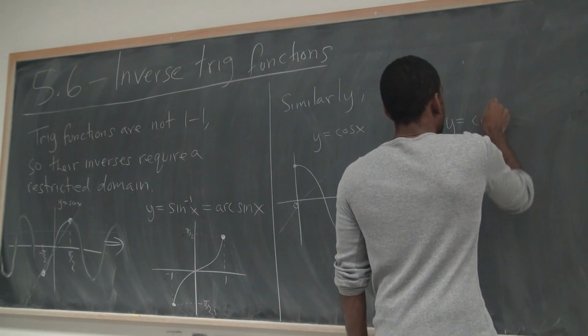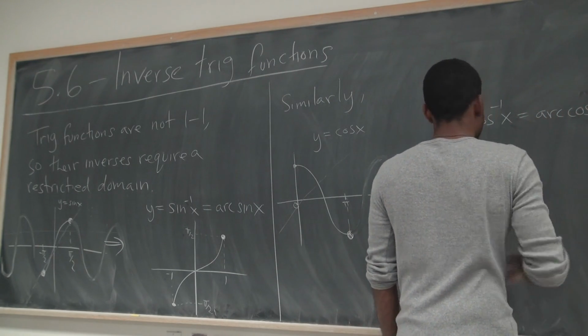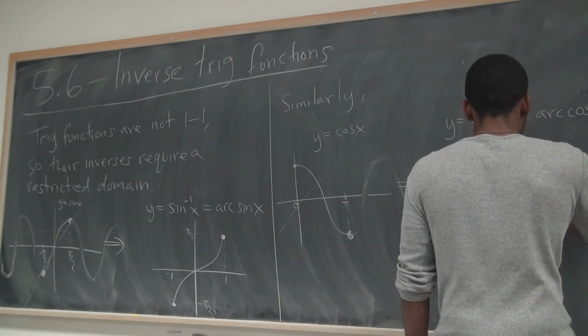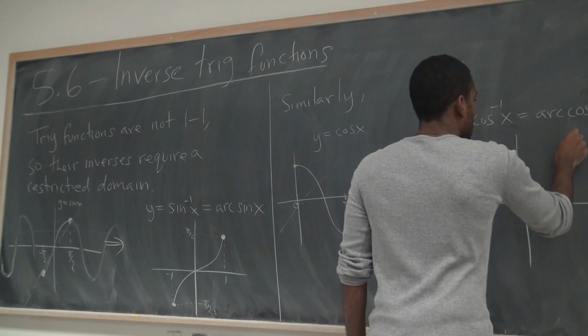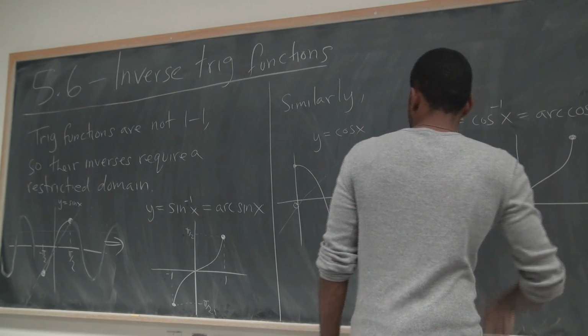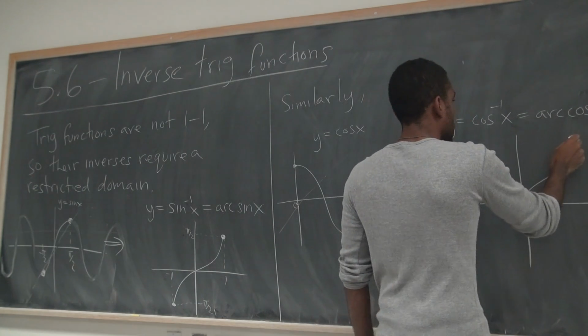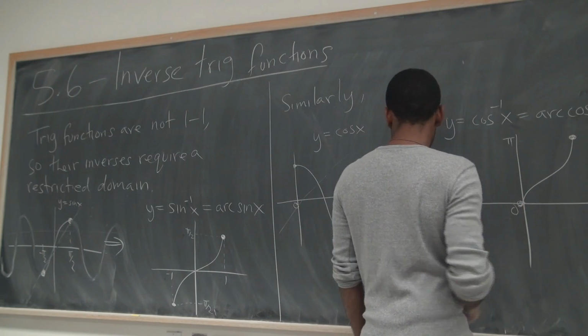So this means that y equals cosine inverse, which is the arc cosine, looks like this guy. So it goes from 0 to pi.